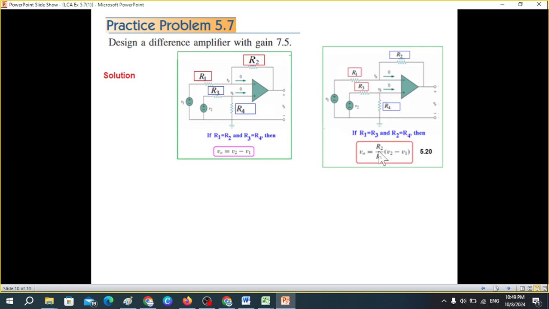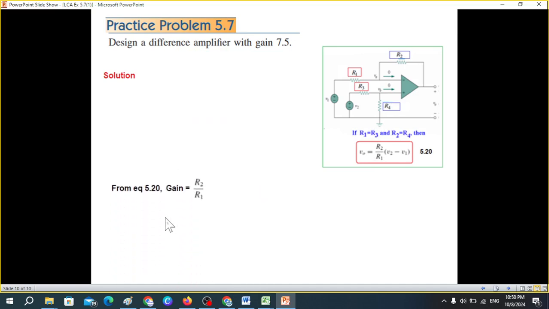But in this circuit, the gain is R2 over R1. So this we'll use, and this we can equate to 7.5. We will use this circuit. The gain is R2 over R1 from here, which is equal to 7.5.